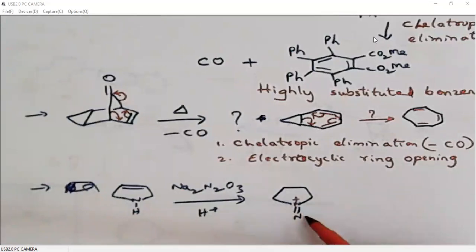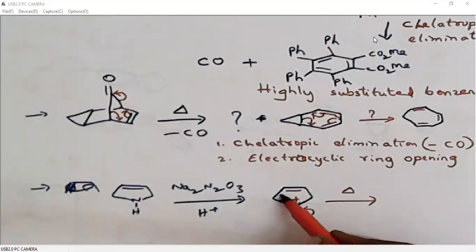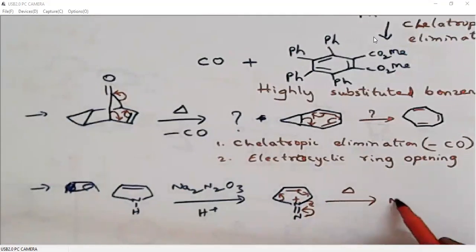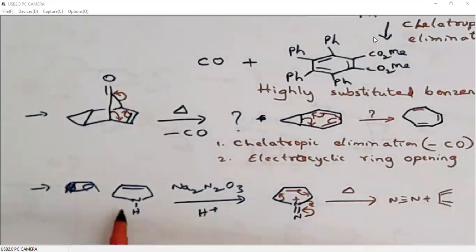So this is plus, this is minus. Of course, a double bond is there. Then under thermal conditions, it will break down to give nitrogen as well as a diene. So this can be used to generate a diene.